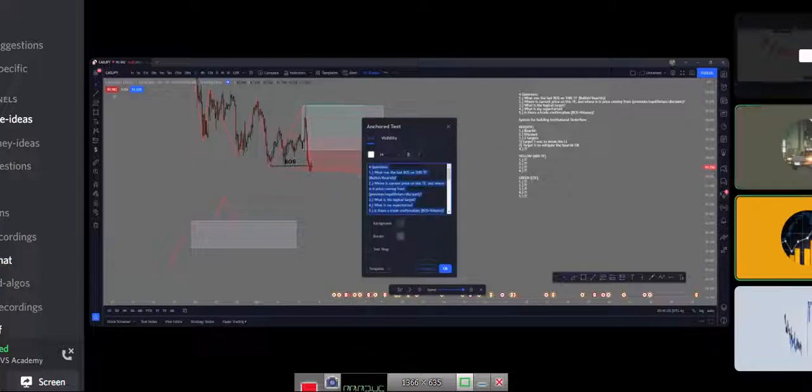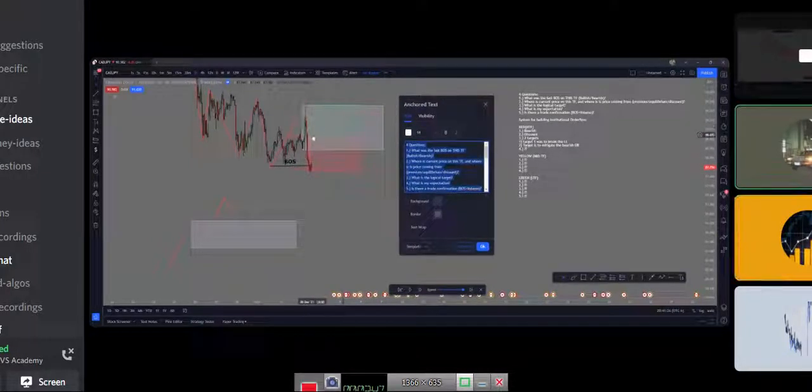Our expectation is to premium, which is where the bearish order block is, our point of interest. So the expectation is for price action to mitigate the bearish order block and break to the downside.